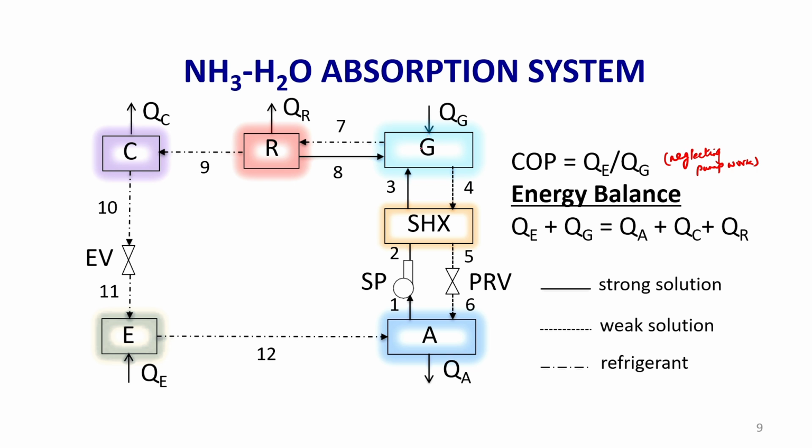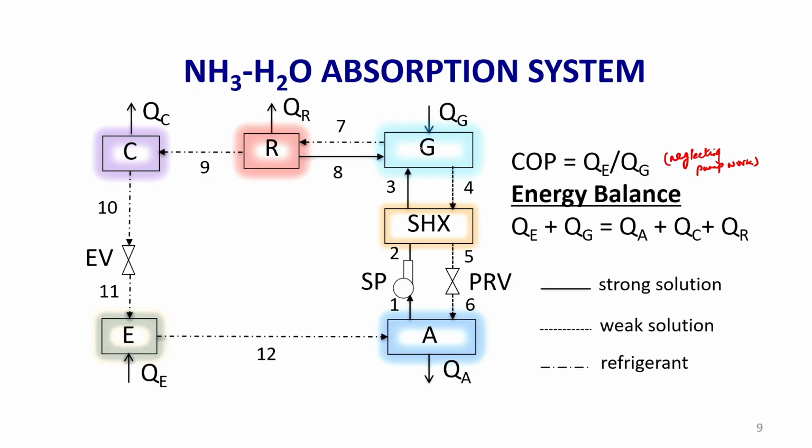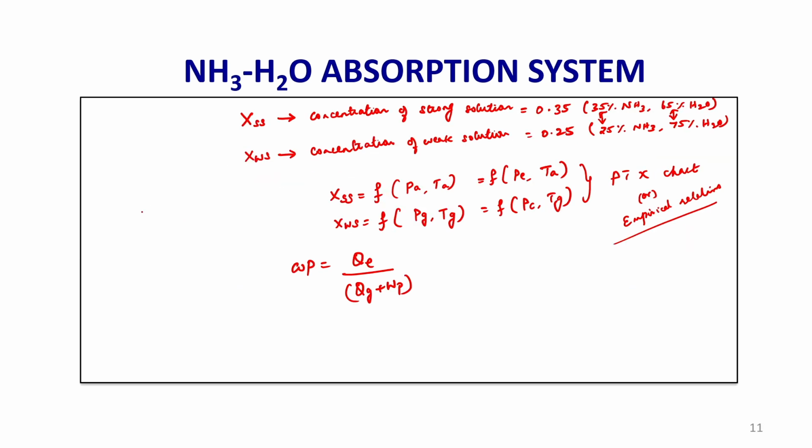So, the solution which contains 35% ammonia, the concentration will remain the same. So, x1 equal to x2 equal to x3, there is no change in the concentration, only the temperature will change, and similarly x4 will be equal to x5 equal to x6, which will be equal to the weak solution concentration.